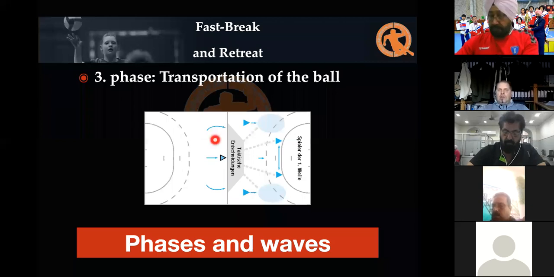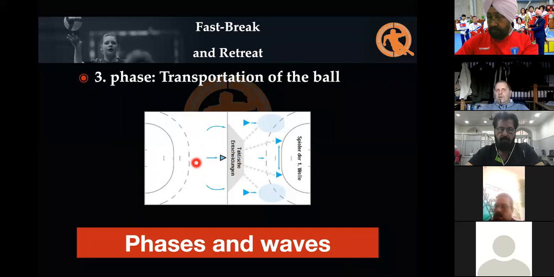So maybe if a wing player is in front and other players are coming from behind, a final pass can be given to the wing and they can shoot. Maybe a pivot is already in position or a wing player was running in, then a pass in that area is possible too. But the decision should be made really in that area after the center line, not too close to the goal. And for this decision making, it's important to have the ball in the center lane.